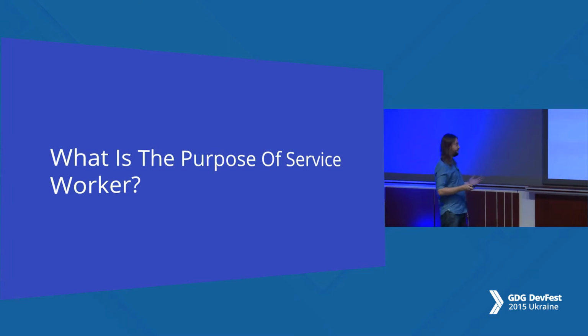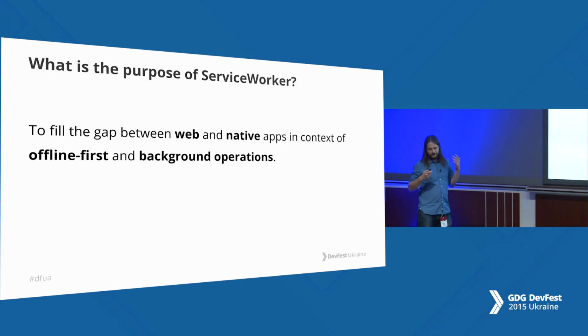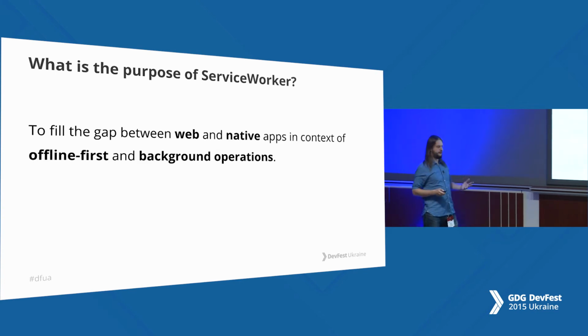What does he do? So this purpose, this intention is to fill the gap between web and native apps in context of offline first and background operations. So yeah, we have already web worker, and we can make special type of web worker that will help us to achieve these goals.